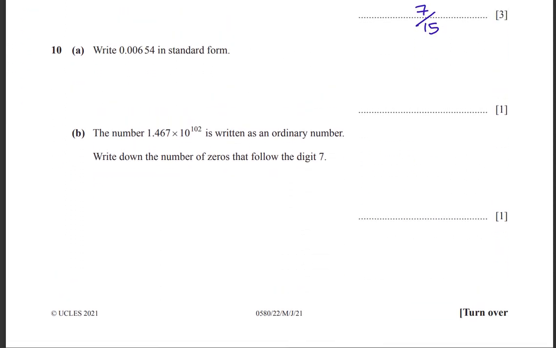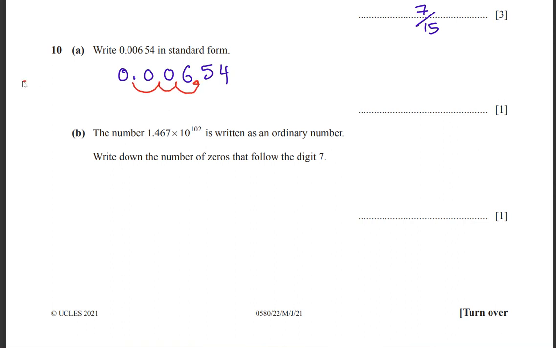Okay, write down this in standard form. Standard form means I want only one digit before the decimal point. So this is 0.00654. I am going to change the place of the point. 1, 2, 3.